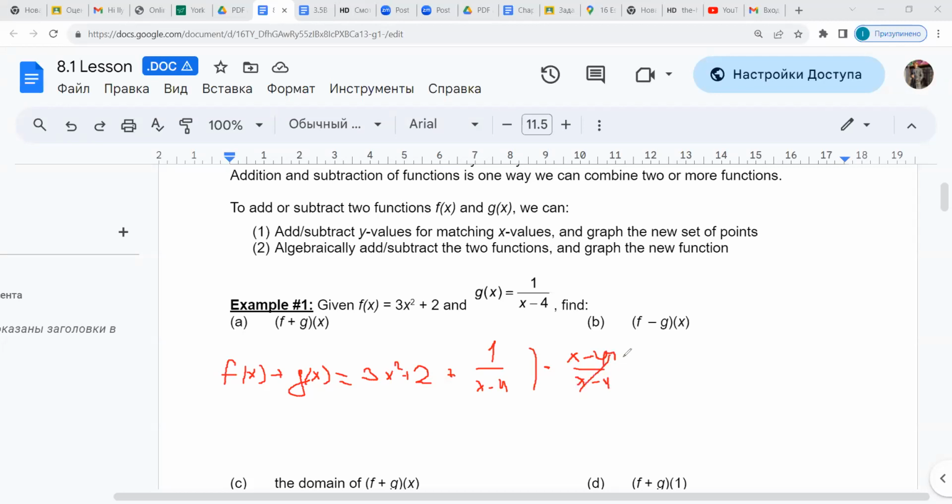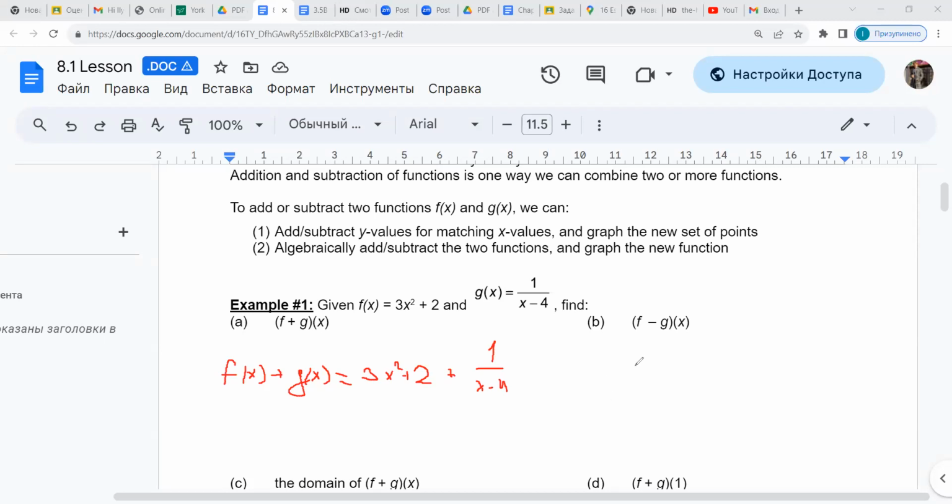But it makes no sense because it's just 1. We won't get any particular result from it. So in this case, this would be the final form of combining two functions.